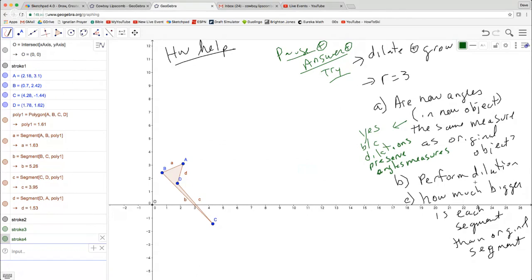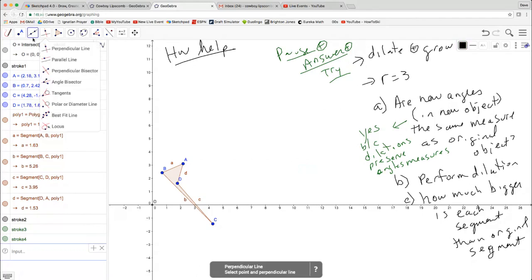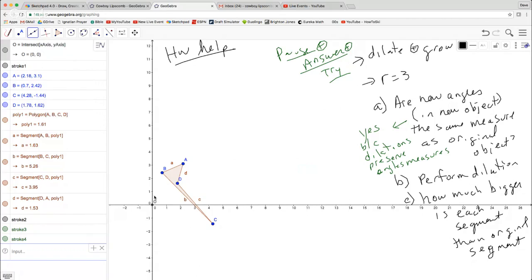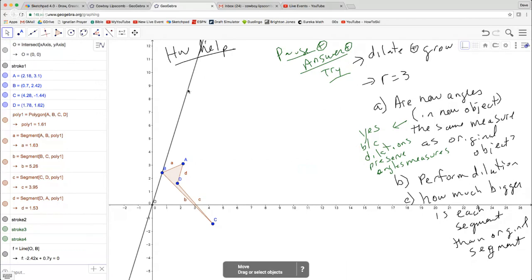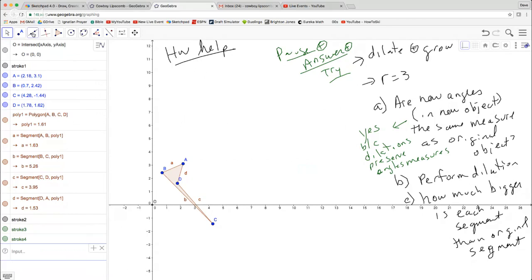Okay, now we have to perform the dilation. Remember, we're going to dilate each point. So we're going to need to perform 4 dilations, 1 for each point, and then draw in our final piece. We're going to make a line from O to B, or let's just make them rays, because that's technically what we're supposed to do.